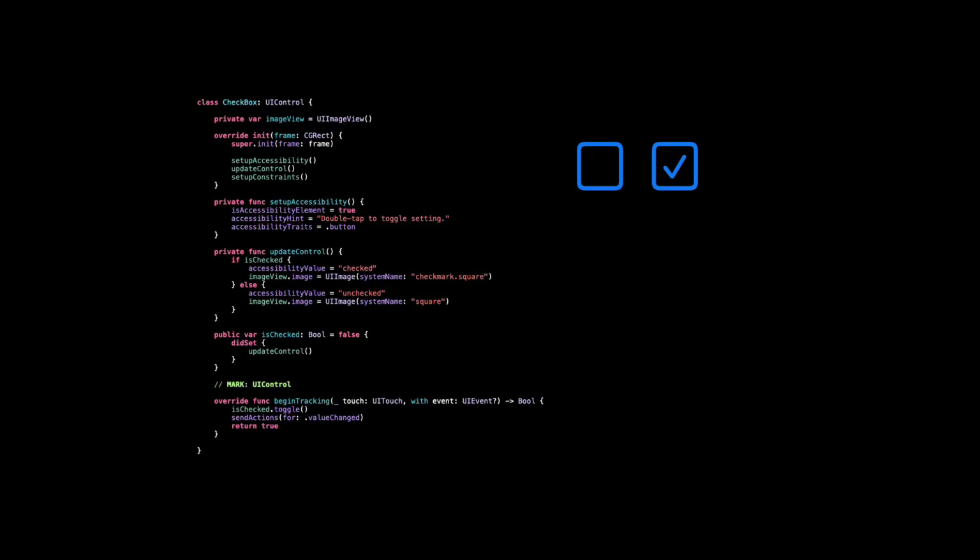Also, when we switch the image in updateControl, I now change the accessibility value to either checked or unchecked. Now this control is getting there. VoiceOver will read it as "unchecked button, double tap to toggle setting." If you give it a label, it will read that too, of course. But that needs to be done when you actually place it in a designed screen.